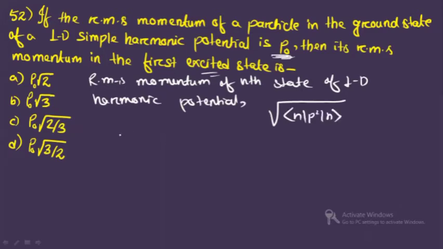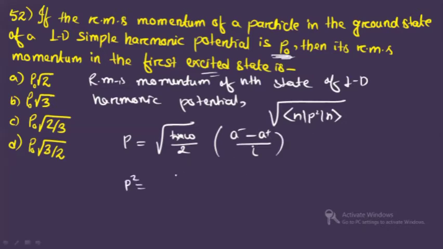We are dealing with harmonic potential, and we know for the harmonic potential the momentum is written as root over h cut m omega divided by 2, times the lowering operator minus the raising operator divided by i. Clear?